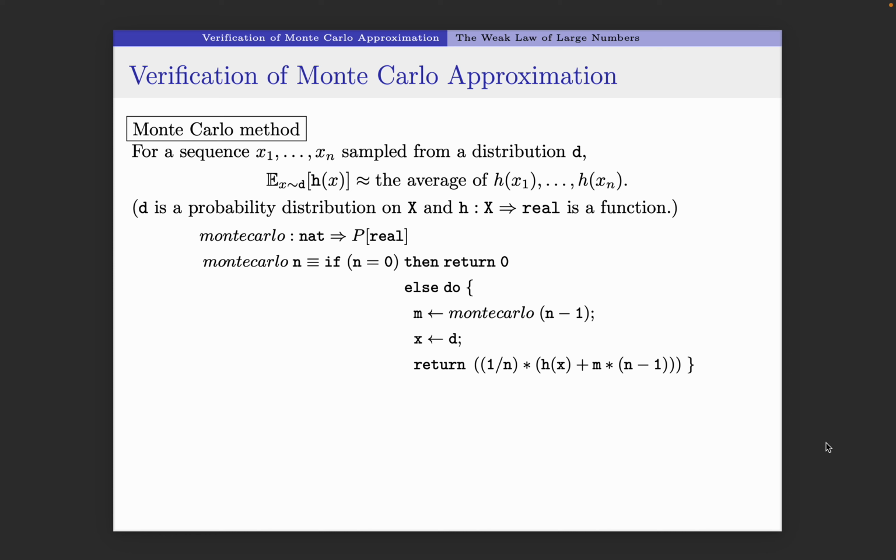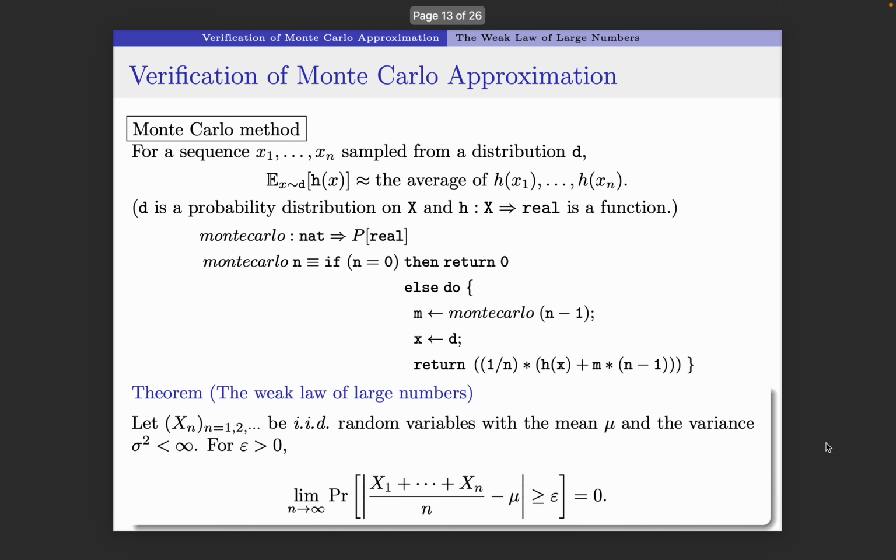The program Monte Carlo has the famous property, the weak law of large numbers. The theorem says that the distribution of the average converges in probability towards their expectation. We will prove this property formally in PPV.